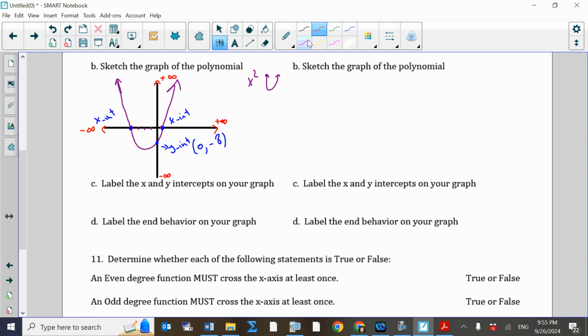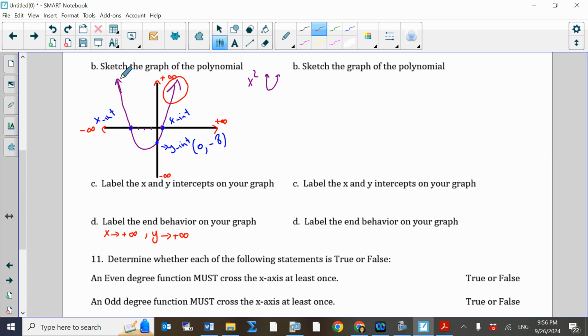Now I'm going to look at the end behavior, this one over here. Where is it going? It's between positive x and positive y infinity. So it's going to infinity this way. I'm going to write that here. If x goes to positive infinity, that's where the x is going because it's between these two, the y is going to go to positive infinity as well.